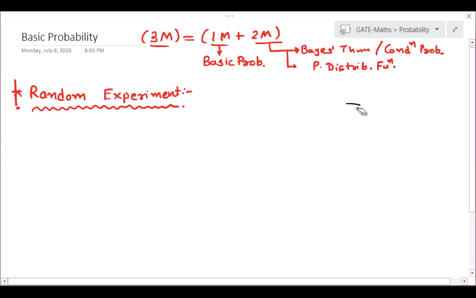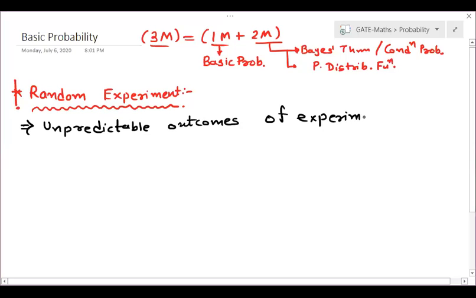Yes, we have options that we will get either head or tail, but which one, we cannot know. So random experiment means unpredictable outcomes of the experiment. That experiment is known as a random experiment.